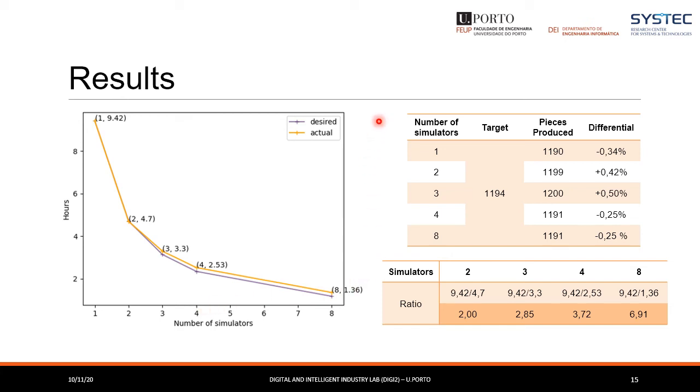Also, if we notice the results given by the optimizer between the different iterations, we had good results, and the differential never went beyond the margin that we consider acceptable, which was 1%.